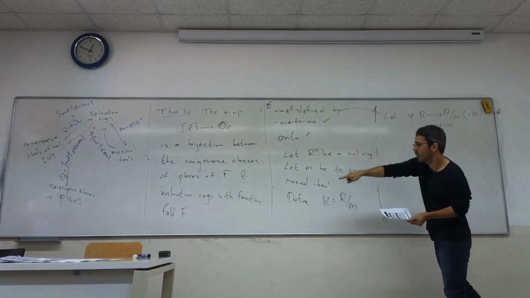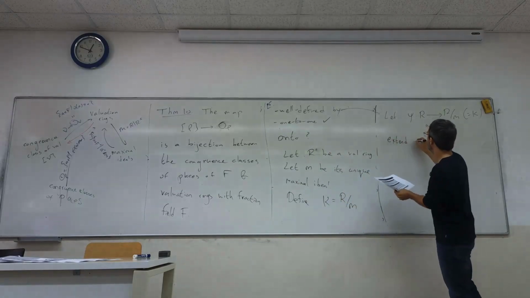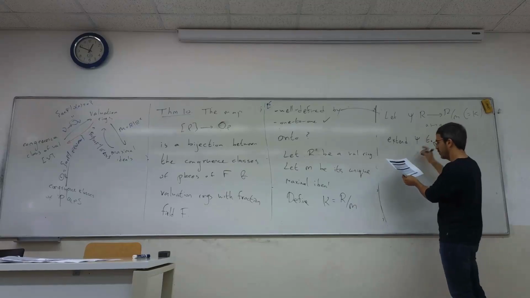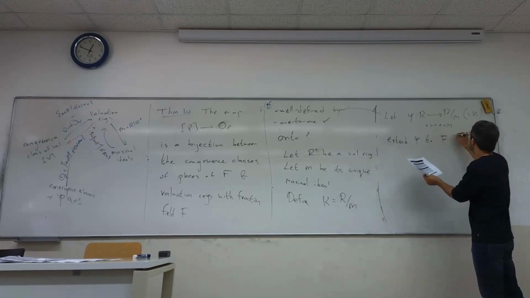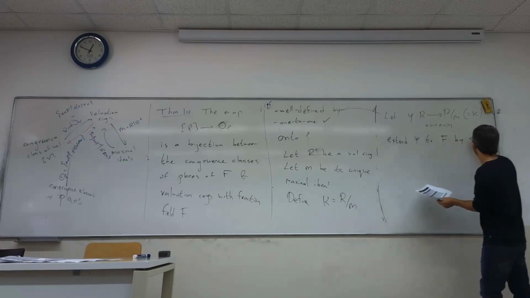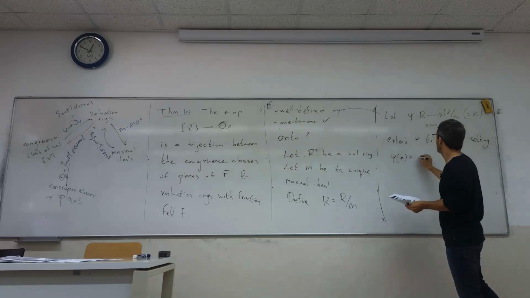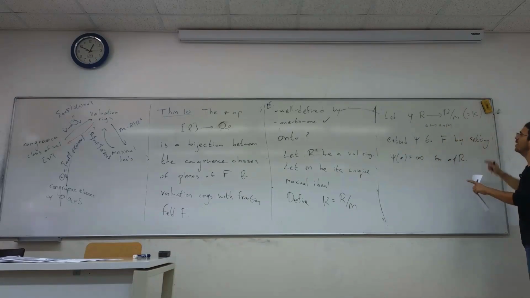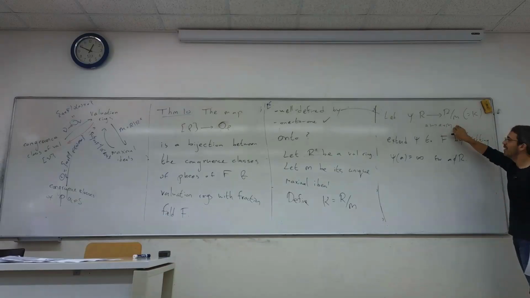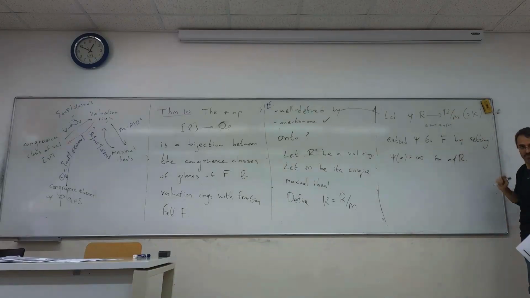Because R is a valuation ring with field of fractions F, extend psi to F as follows, by setting psi of A to infinity for A not in R. If A is in R, psi is already defined, and now I'm extending its definition, keeping the same name, and sending everything in F that's not in R to infinity.